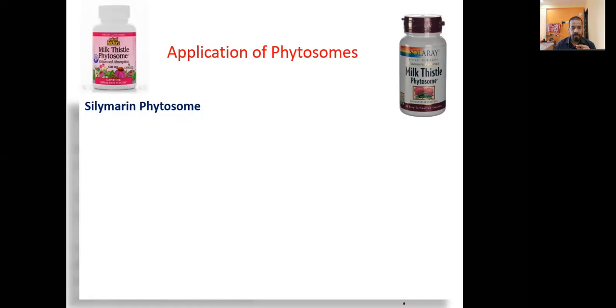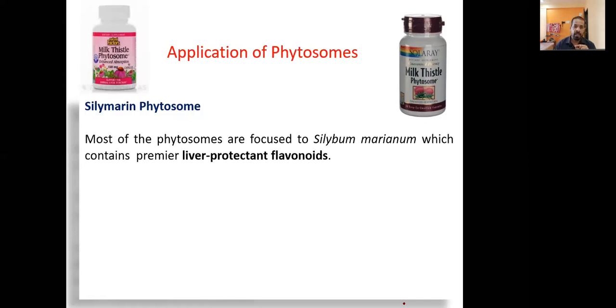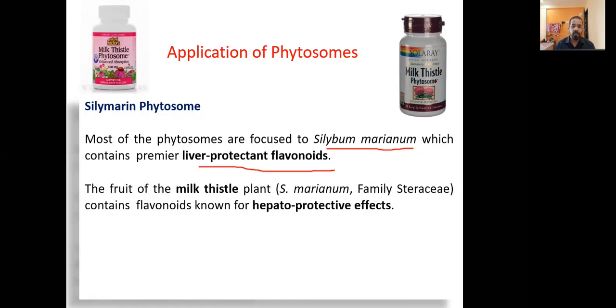So first is silymarin phytosome. Now silymarin phytosome is obtained from a drug called Silybum marianum, and it contains liver protectant flavonoids. This is called milk thistle, and the fruit of the milk thistle plant contains flavonoids known for the hepatoprotective effect.